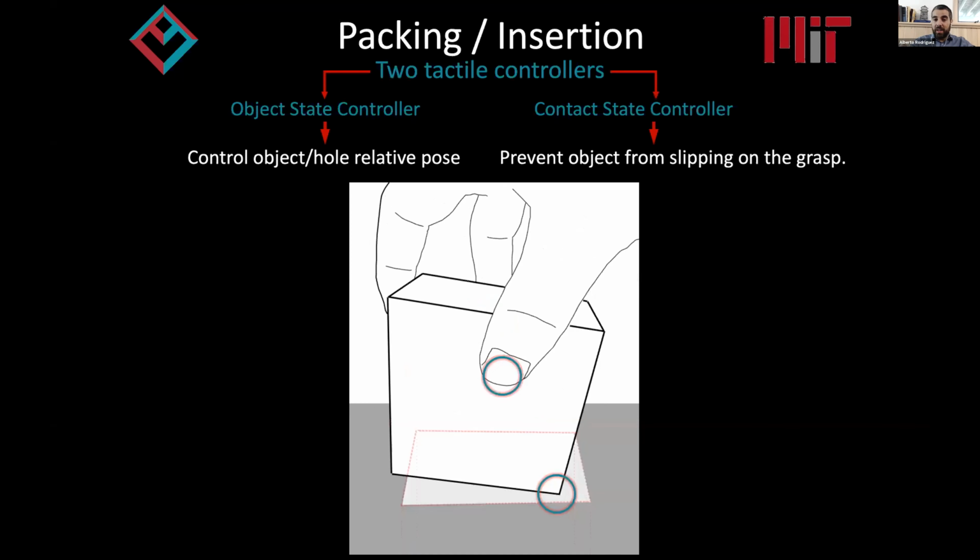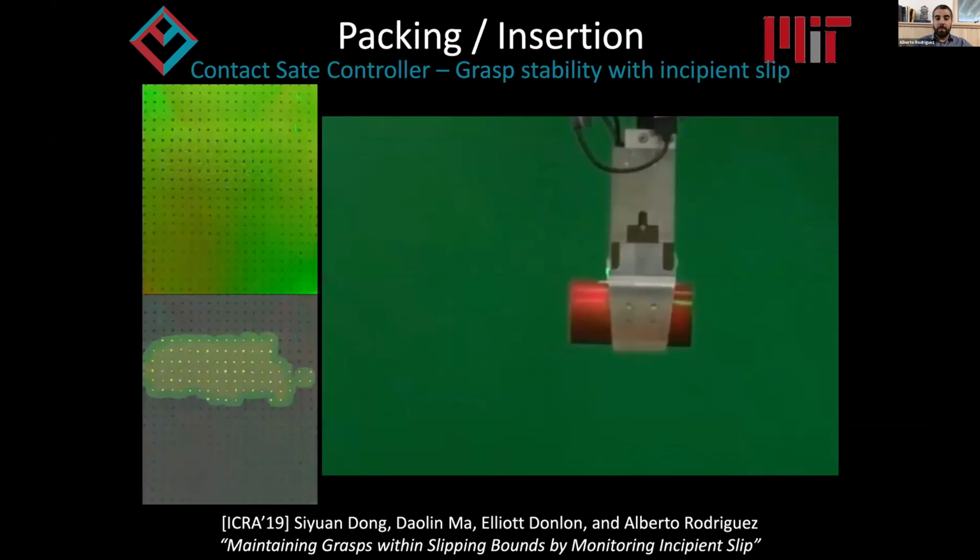So it's the combination, again, of these two behaviors, where there's some learned policy trying to do an insertion, while some model-based controller makes sure that the object is not slipping on the fingers, that is getting the job done here.